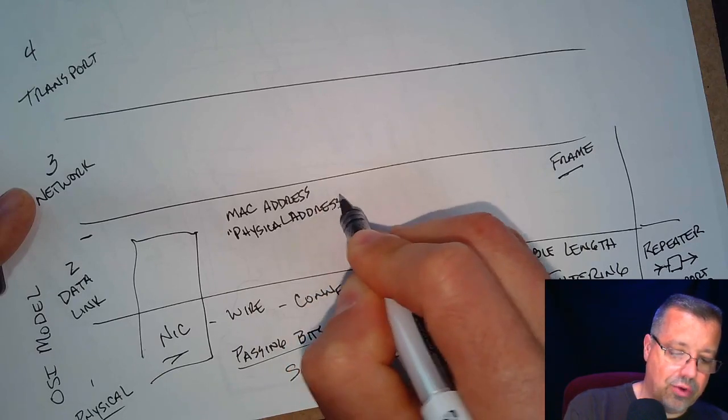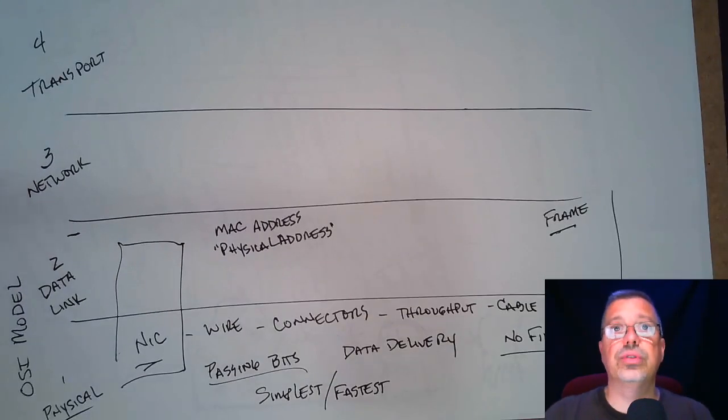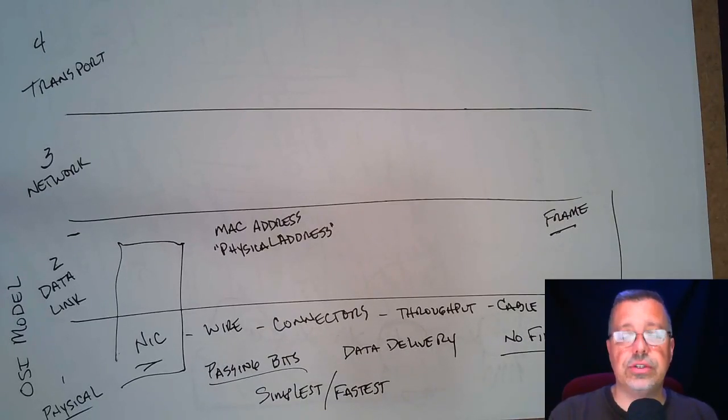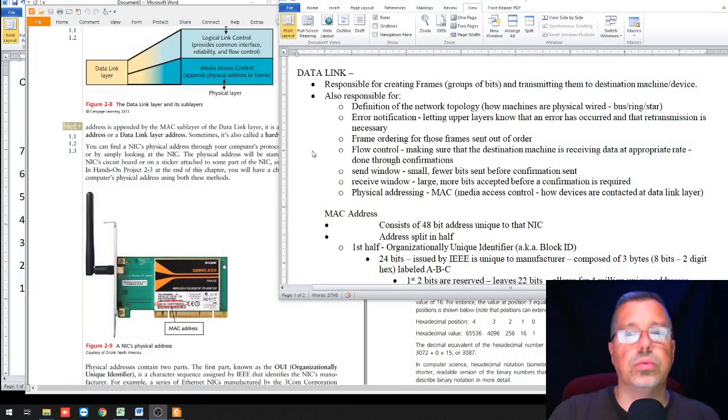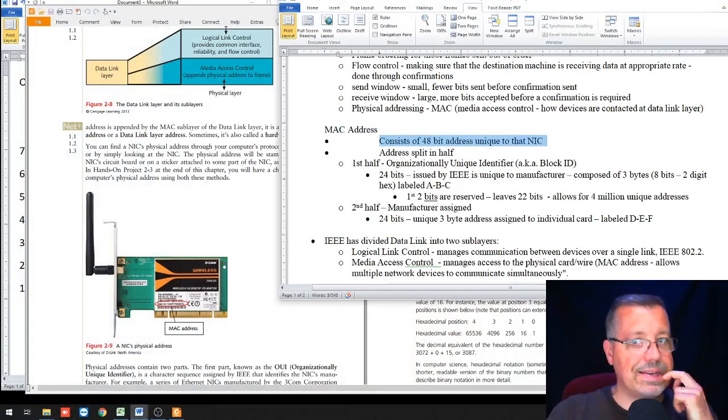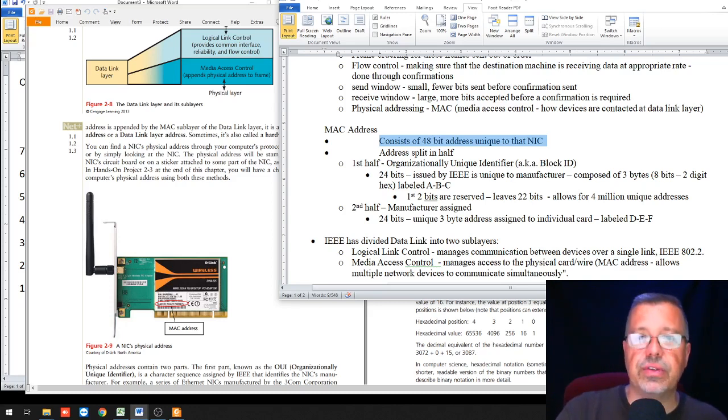The MAC address is actually an address specifically assigned to each individual device. Let me go back to, so it is 48 bits long. It is unique to that device, that NIC or that device. So every device specifically has that. It is split in half.